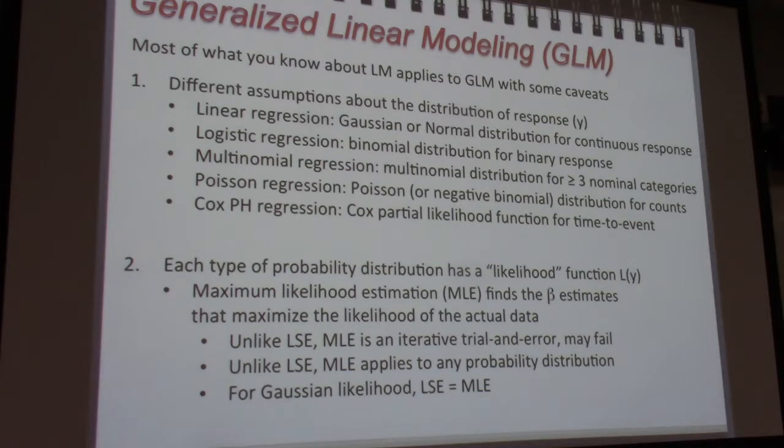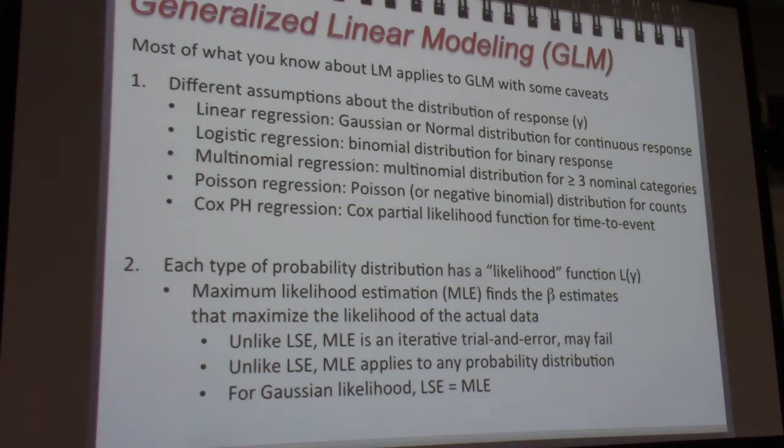A generalized linear model has a probability density function like we saw for the normal distribution, and it's called the likelihood function. The maximum likelihood estimation procedure says, tell me which values of beta make the data that are in my hand the most likely data that I would see. Those are called maximum likelihood estimates.